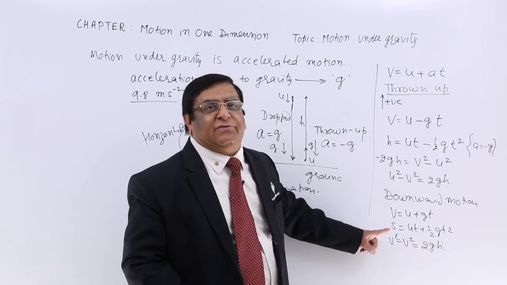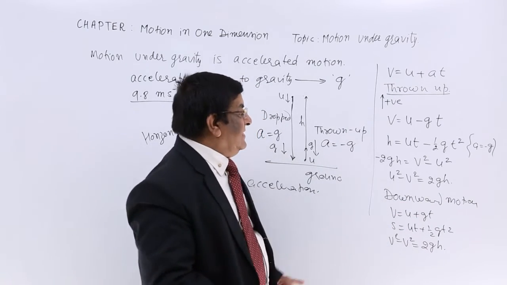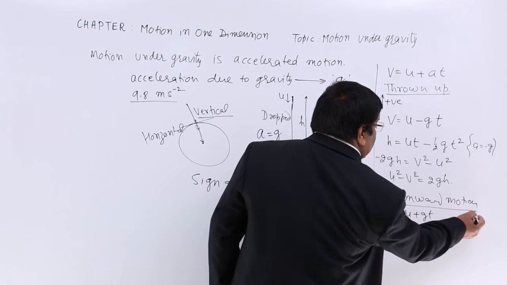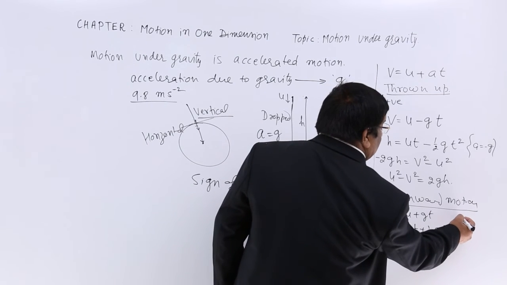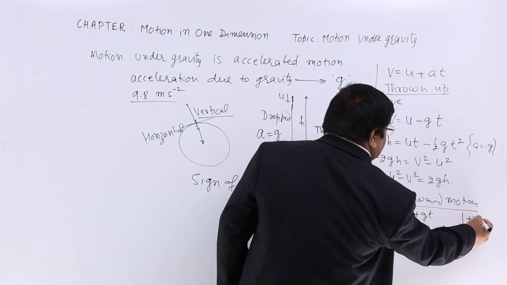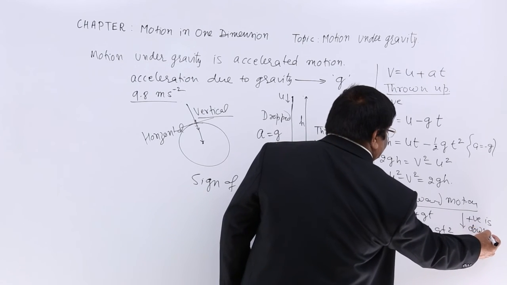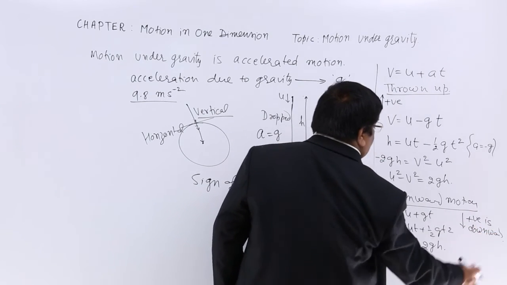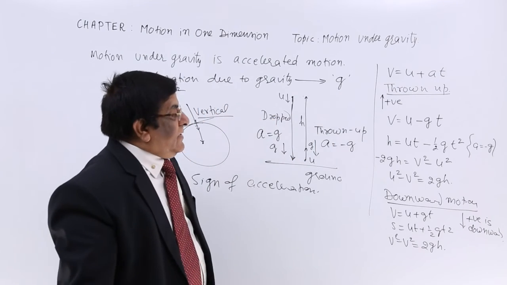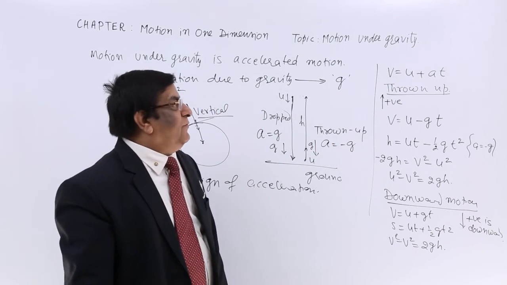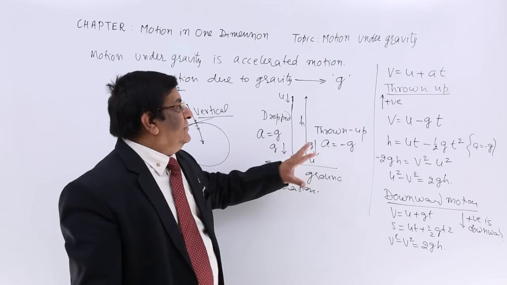Otherwise, in these three equations, a is replaced by g. So this is downward motion, and positive is downward. So here one has to be very careful using g.